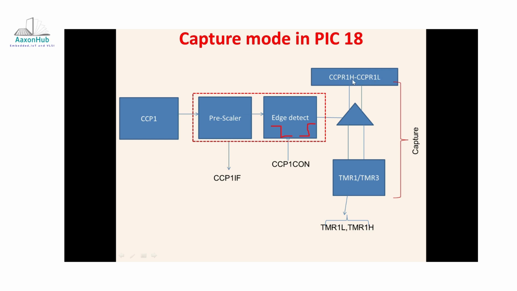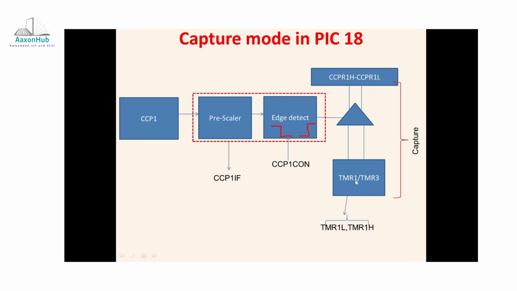This capture event is used for capturing the binary numbers stored in the timers, in the form of Timer 1 or Timer 3. Whenever you use Timer 1 or Timer 3, the associated timer count is loaded in the lower byte and higher byte of that timer register.